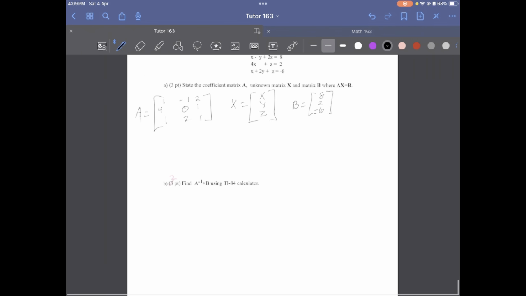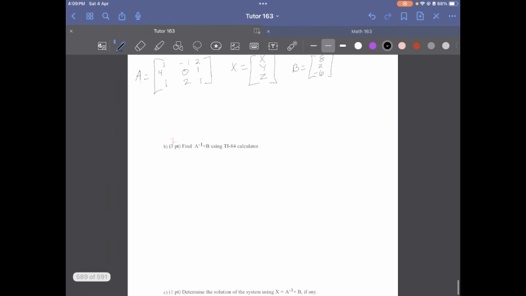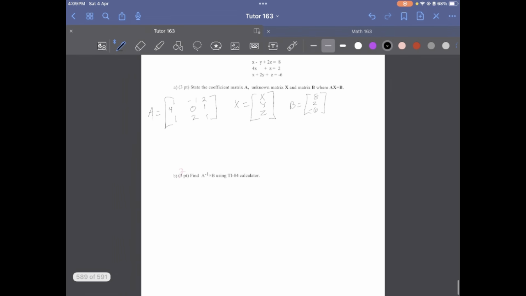Find A inverse times B using TI-84 calculator. Okay. So first we're gonna actually input the values in. So, second matrix, edit. This is a 3 by 3. So 3, enter 3.